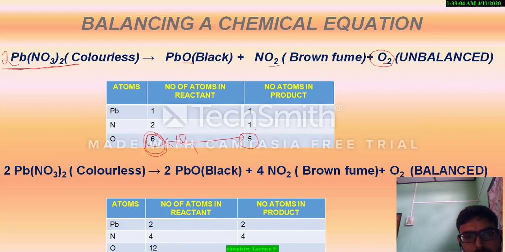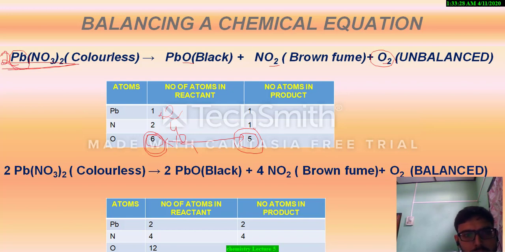Still here it is 5, but after putting this 2 in front, you can see that lead is also becoming 2. Earlier it was 1, now it is 2, and the total number of nitrogen is now 2 into 4.